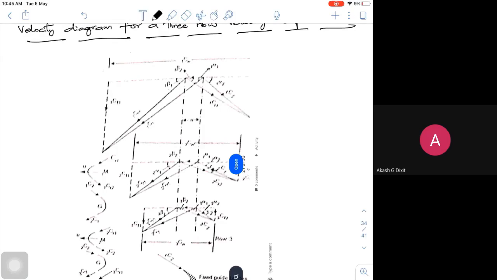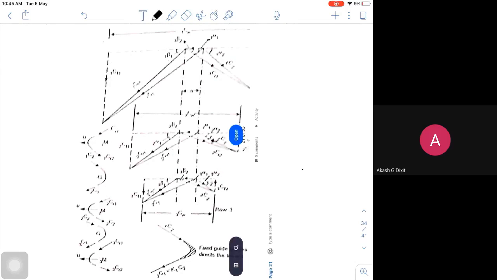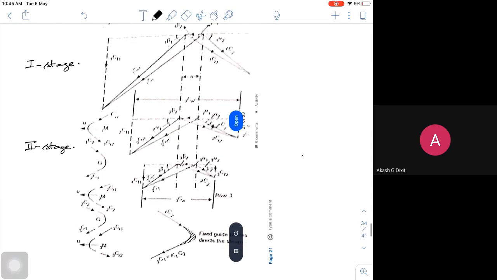This is your first stage, this is your second stage, and you have a third stage. It is a three-row velocity compounded turbine.